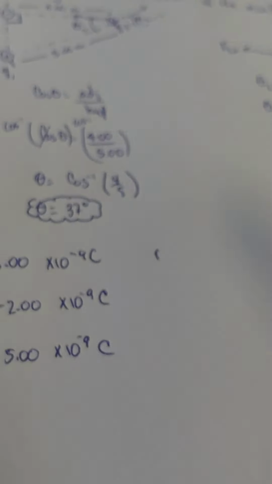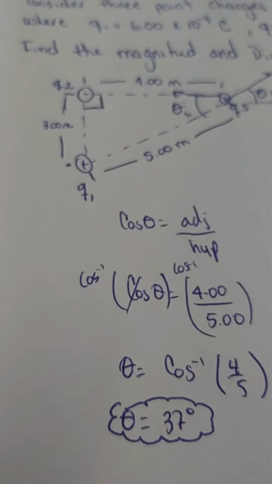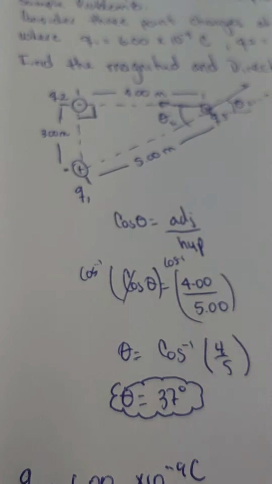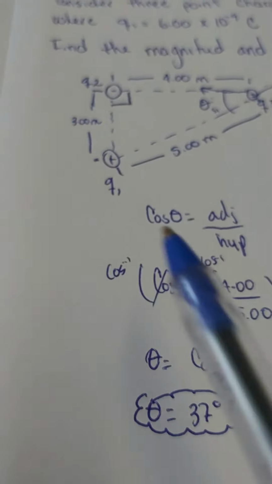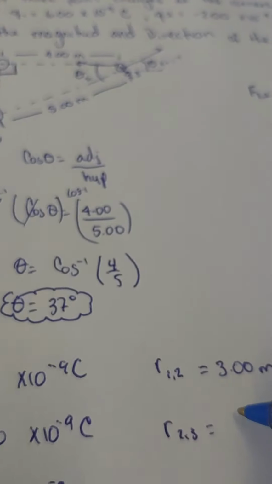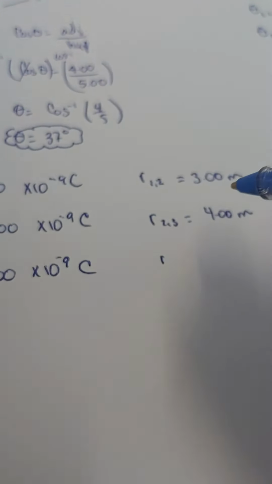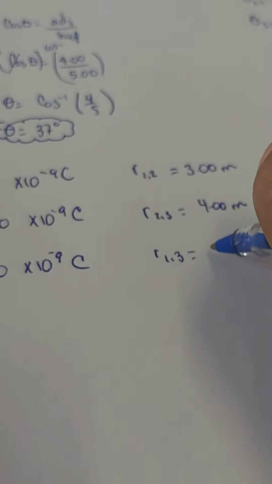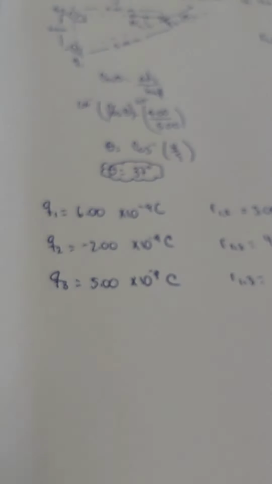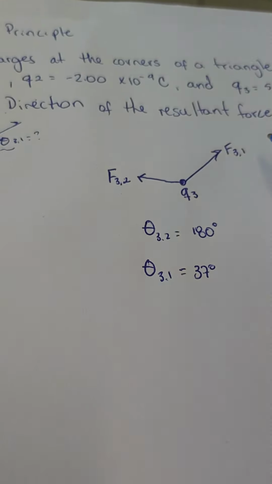We know the distances: R12 is equal to 3 meters, R23 equals 4 meters, and R13 equals 5 meters. Now we can use Coulomb's law to find forces 3,2 and 3,1.